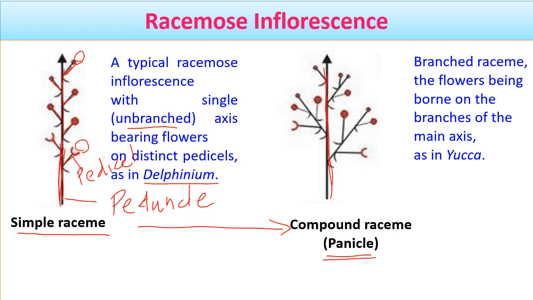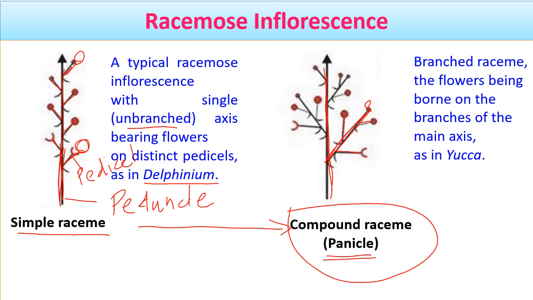Here one pedicel is bearing one flower only, but here this extended axis is terminating with a flower, and laterally it has many flowers. So in a simple way we can say a branched simple raceme is a compound raceme or panicle.